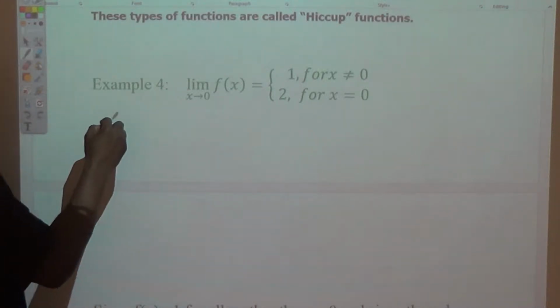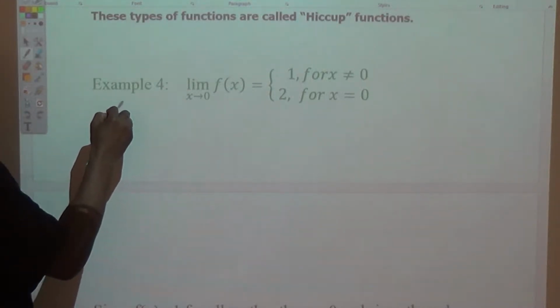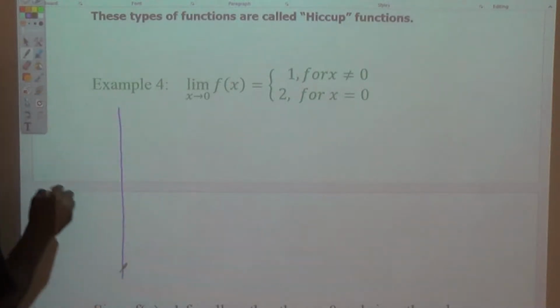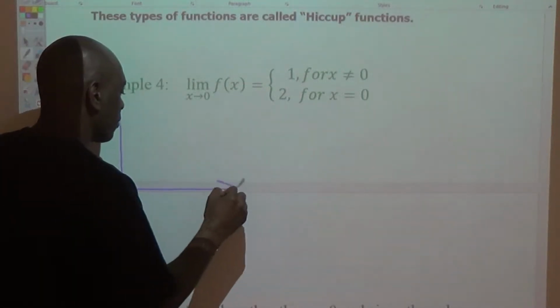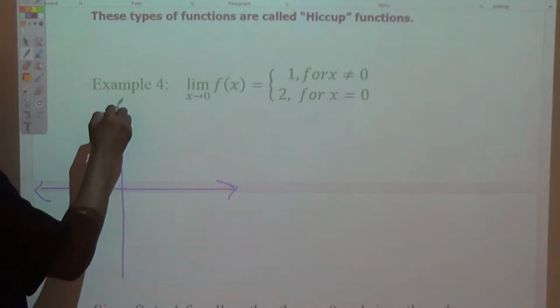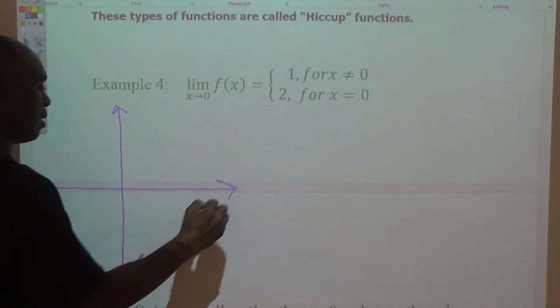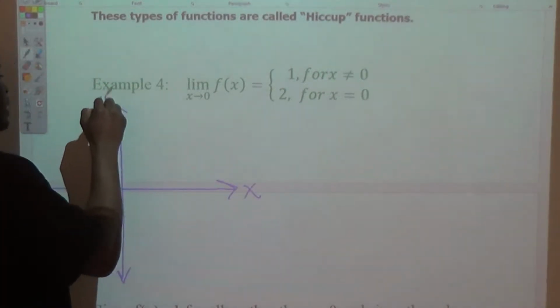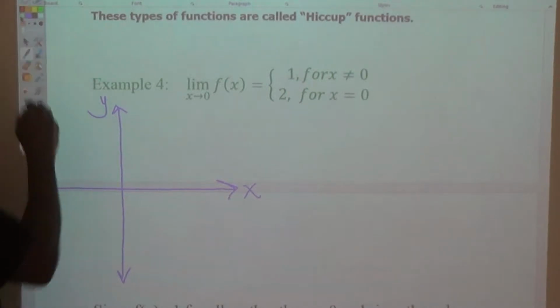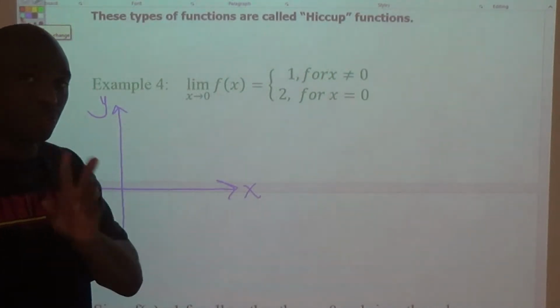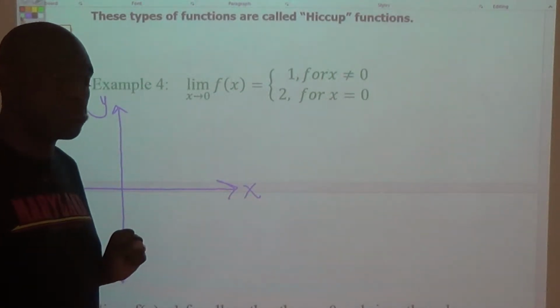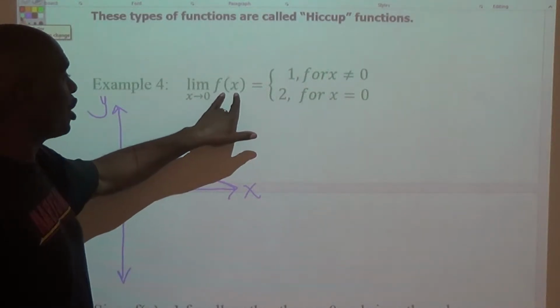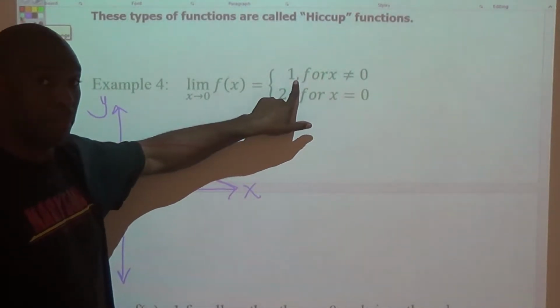First, let's consider a coordinate plane with an x-axis, of course, and a y-axis. There we go. Now let's look at two separate functions. Let's look at f of x equaling 1.